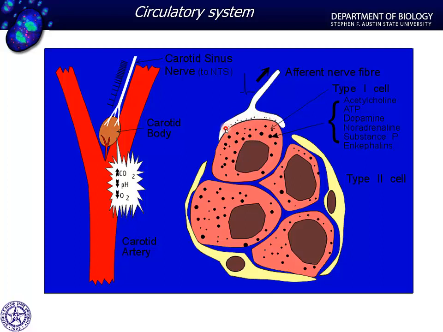So this is almost going to be like our postsynaptic membrane, and what we're secreting here is acetylcholine, but you can see we're also secreting norepinephrine, they call it noradrenaline in this case, and dopamine. These are our catecholamines. Other substances are going to be detected by this axon taking information to the brain to tell the brain how to respond to these changes in pH and thus changes in CO2 level or respiration state of the body.